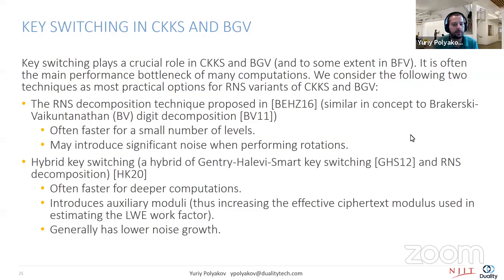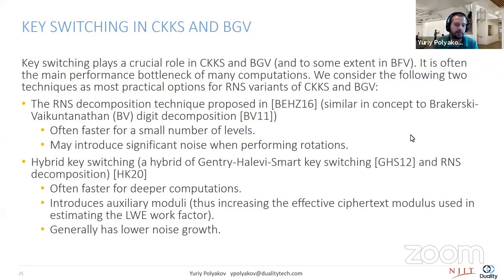When we get into deeper computation, the best key switching technique that's available is essentially what's called hybrid key switching, and it's a combination of the BV key switching with RNS decomposition. It's much faster for deeper computations for sure.